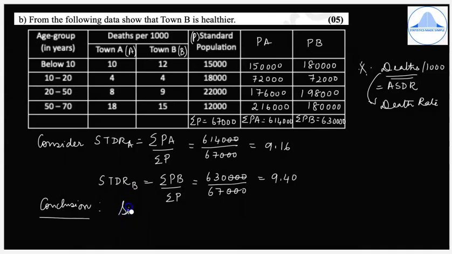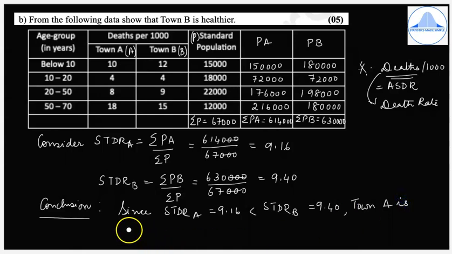So since STDR of A, 9.16, is less than STDR of B, which is equal to 9.40, we conclude that town A is healthier. Kindly go through the calculations, and if I have made any mistake, kindly rectify it.